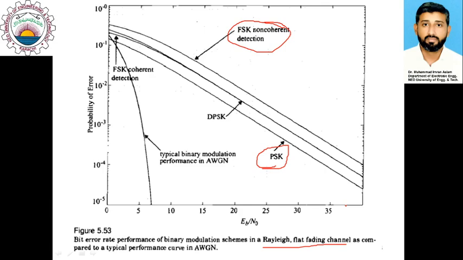But for the discussion here, to give you an idea, I think this curve is enough to represent how we compare the performance of different modulation schemes and how they perform in a specific type of environment.